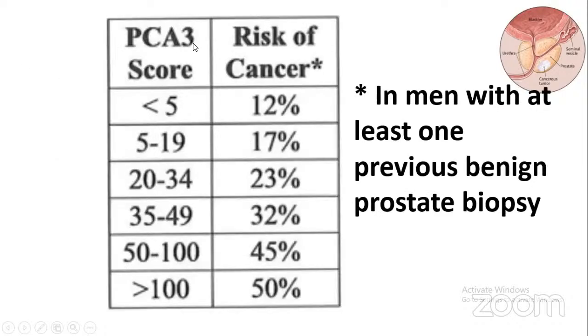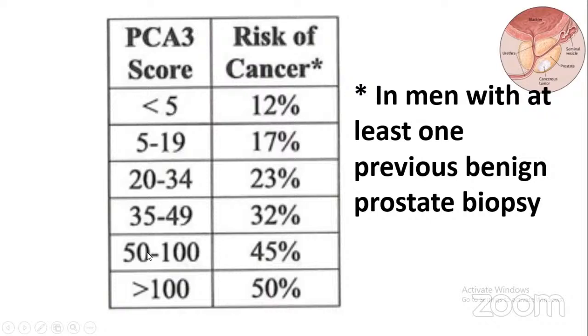The PCA3 score might range from 1 to more than 100. If less than 5, there is a 12% risk of cancer. If 5 to 19, a 17% risk. If 20 to 34, a 23% risk. If 35 to 49, a 32% risk.